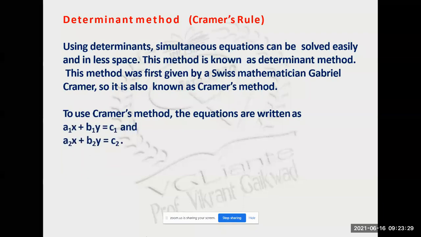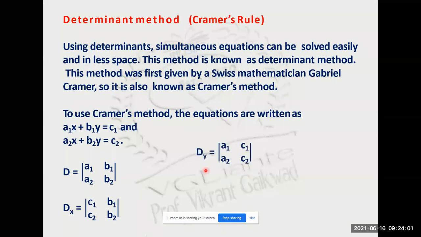Cramer's method, the equations a1x plus b1y equals c1 and a2x plus b2y equals c2. Now write them in matrix form. Here, the determinant D is given as a1, a2, b1, b2: the coefficients of x and y, written one below the other. For determinant of x, you first take the constants and then the coefficients.